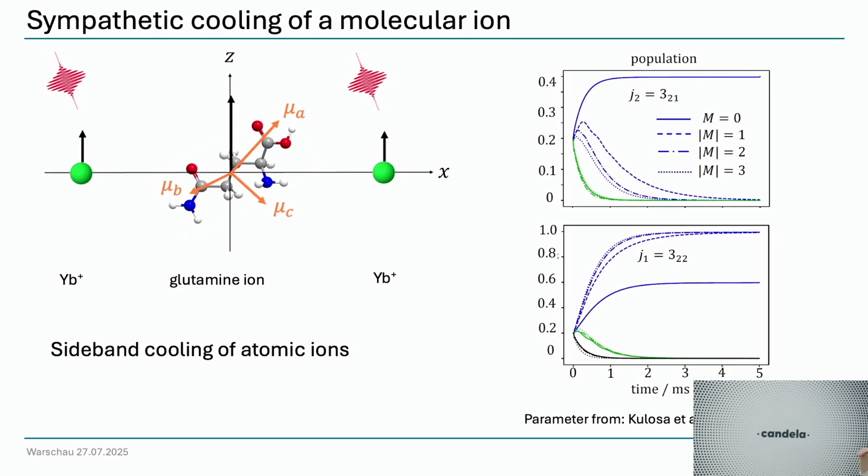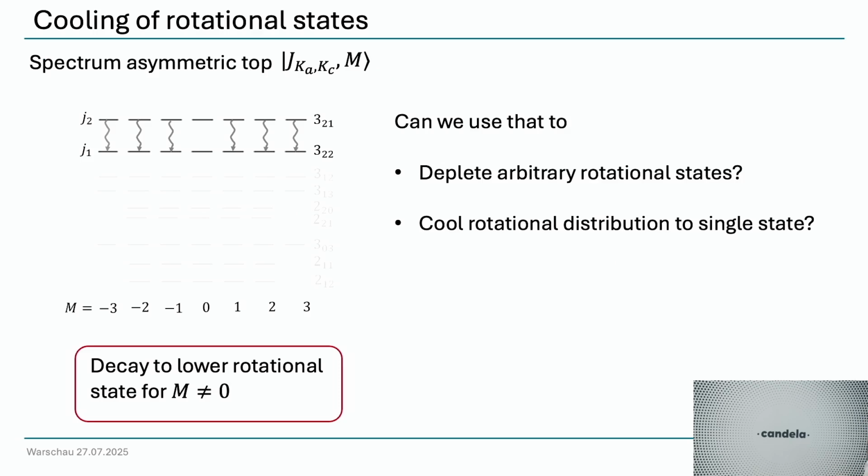This is a J equals 3 rotational state, so we have M levels from 0 to 3, and the coupling strength depends on M. If we do sideband cooling on the ytterbium atoms, we see that almost all rotational levels decay from the upper to the lower rotational state in a few milliseconds, except the state M equals 0. And that's again rotational selection rules. This M equals 0 transition is simply dipole forbidden, so we do not see any decay here.